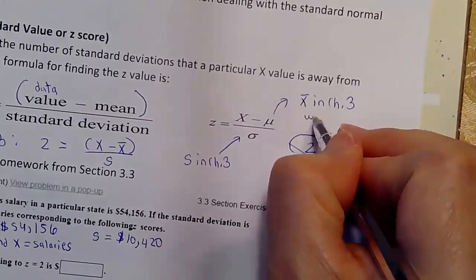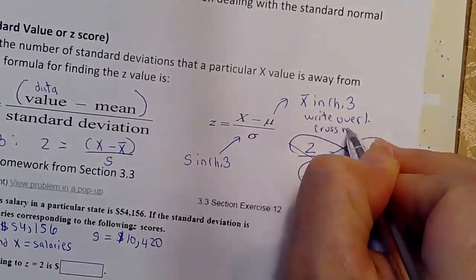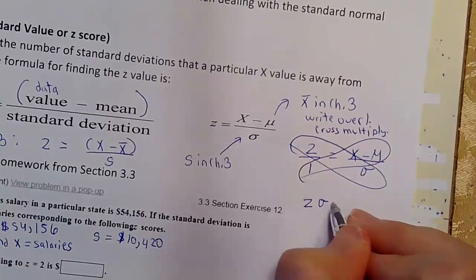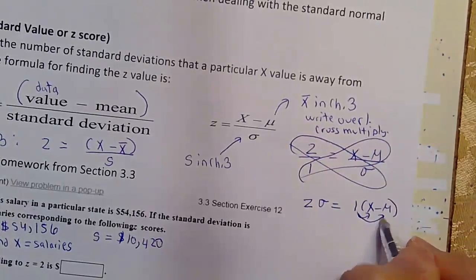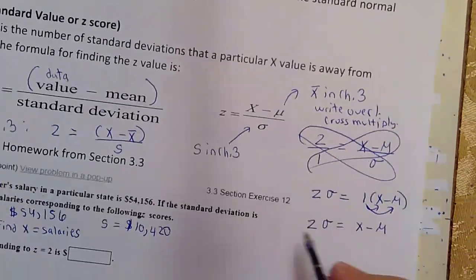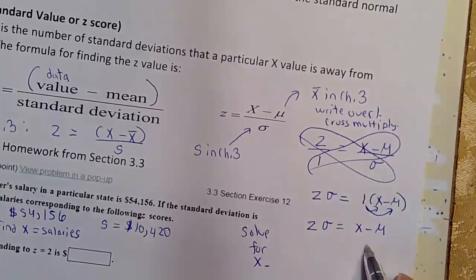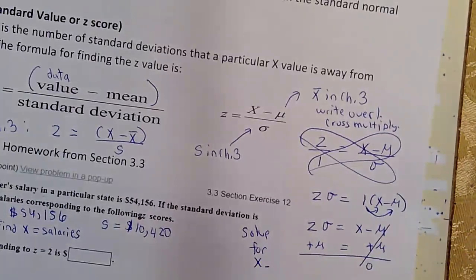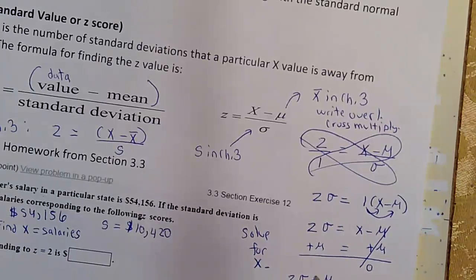So z times sigma, and then you have 1 times x minus mu. Well, 1 times x minus mu is just x minus mu. And if I solve this for x, I would add mu to both sides, and this would zero out. So you have z times sigma plus mu is equal to x.